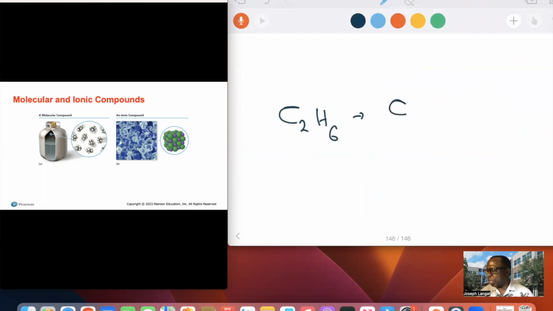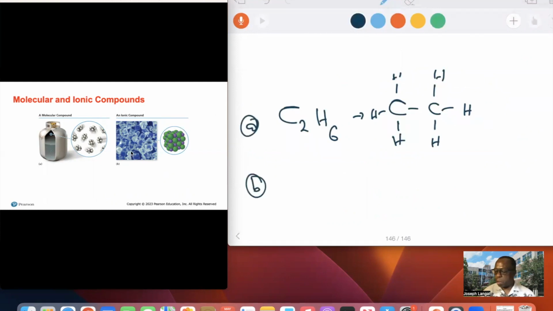Structural formula: C, and then 3 hydrogens here. You can count the spheres here, and you'll see that we have 1, 2, 3, and there are 2 carbons here joined together. This is A and B here. Sodium chloride is just NaCl.